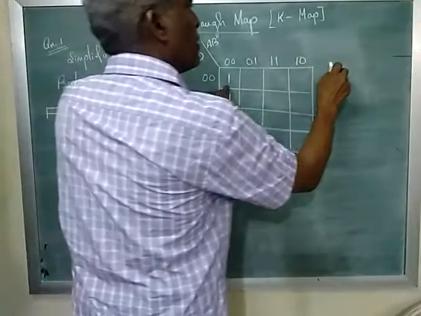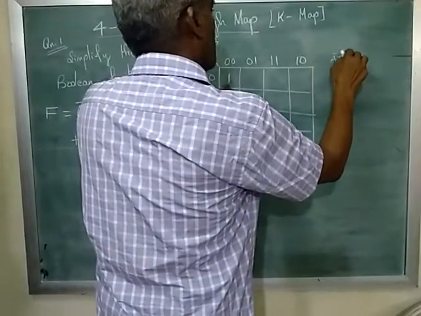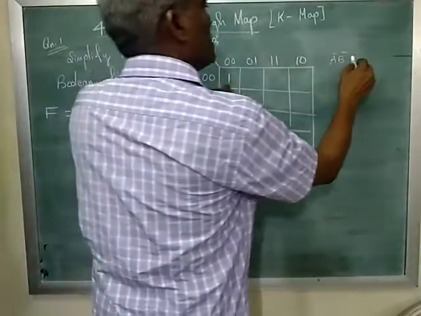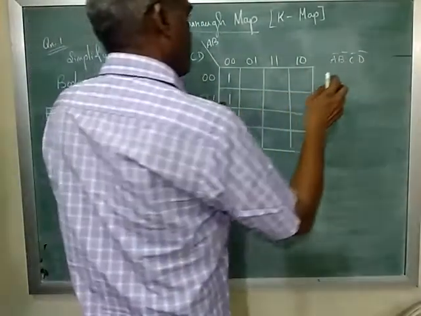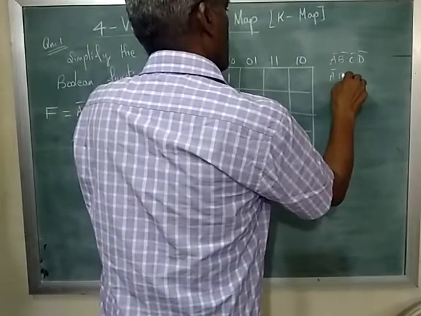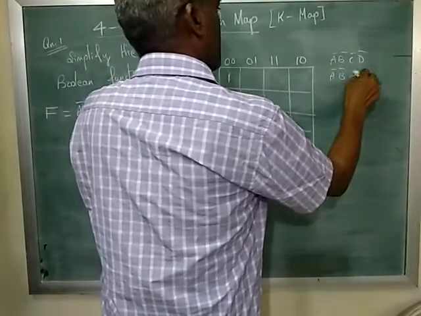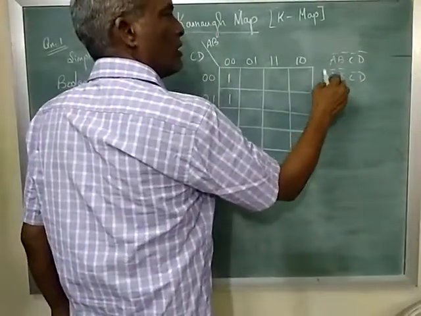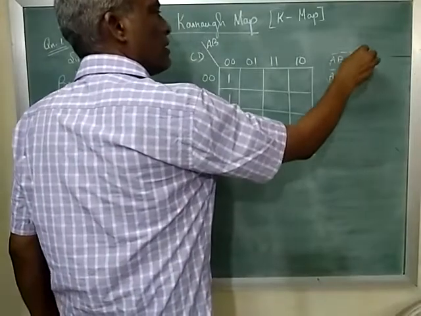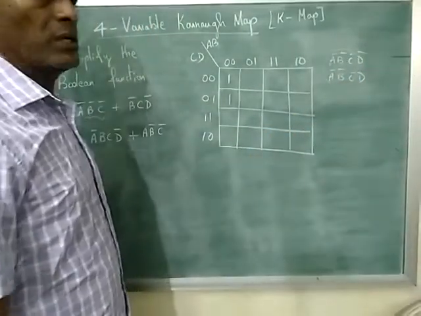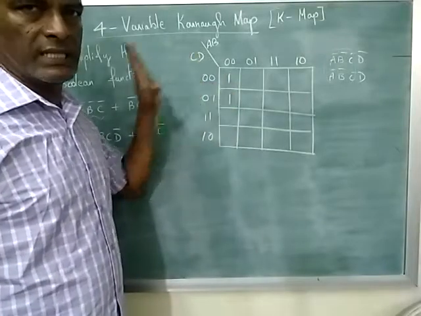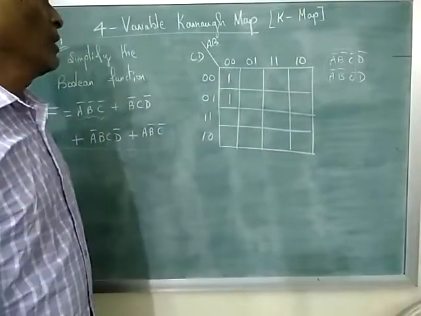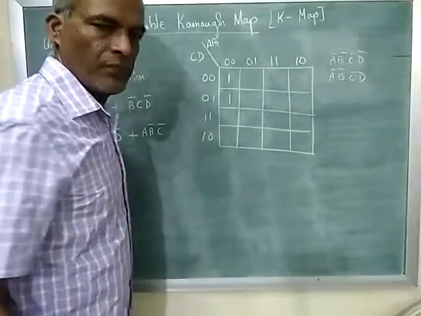A bar, B bar, C bar, D bar at this point, and for this term, A bar, B bar, C bar, D. Now the common terms are A bar, B bar and C bar. D bar is different. Therefore, the 1, 1 we have placed is correct. So that part is over.